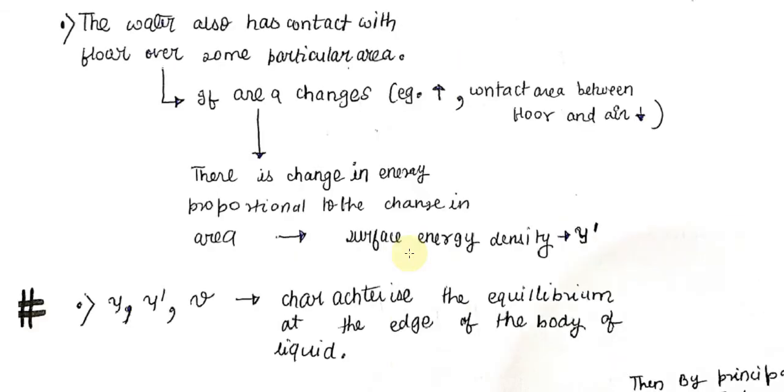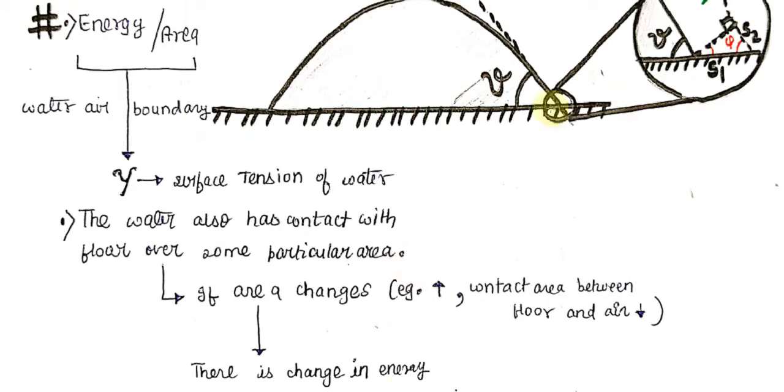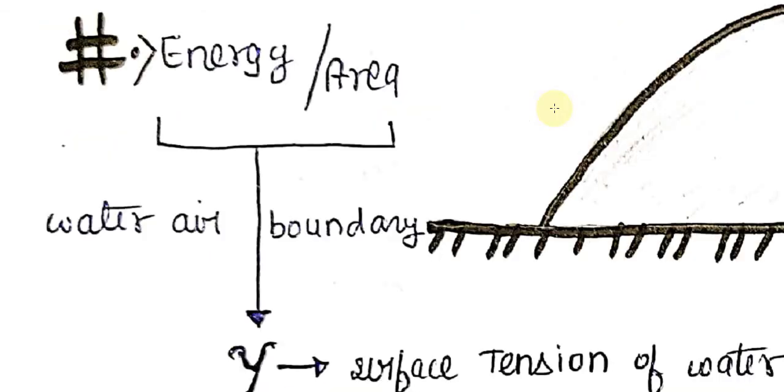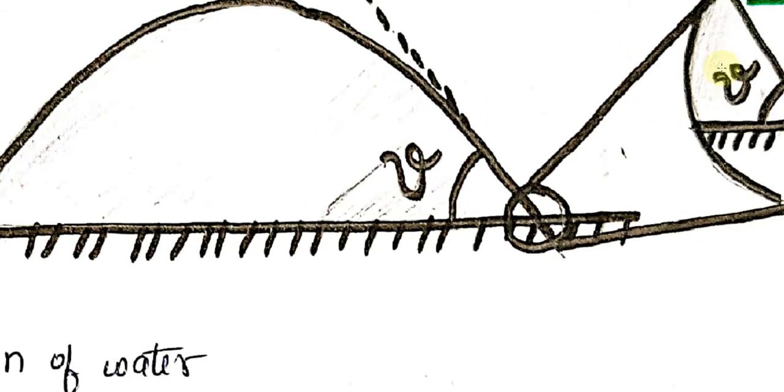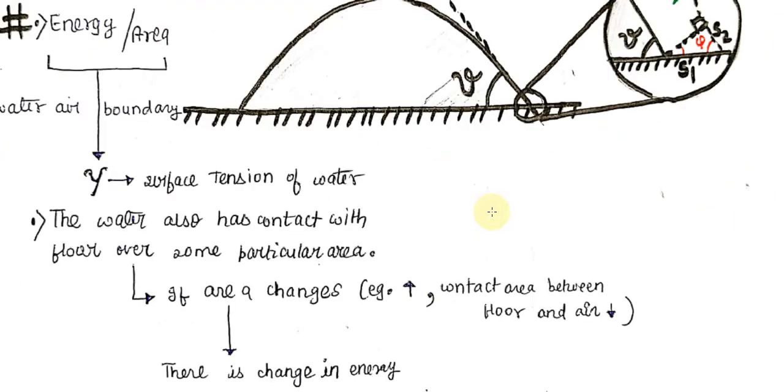At the edge, here in this portion you can see, I will zoom in a little so that we can understand what edge we are talking about. At this edge, we characterize the equilibrium using the water-air boundary, the floor energy density, that is the area covered by the puddle, and the surface tension.